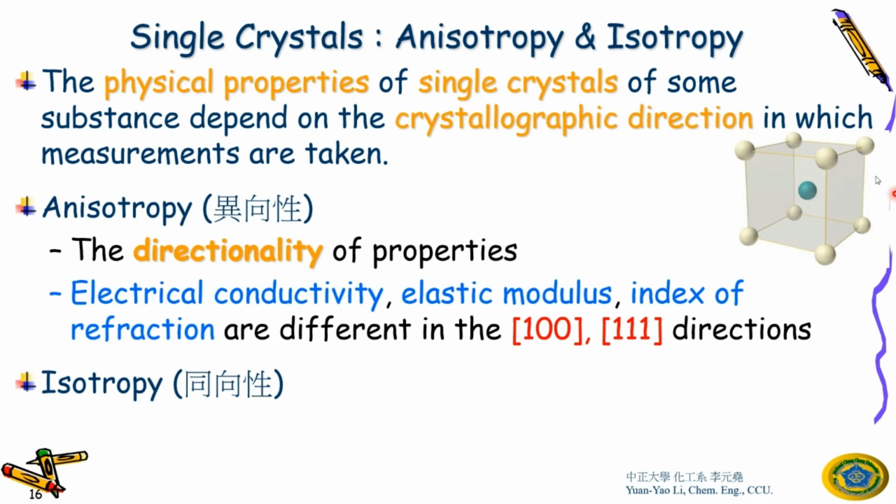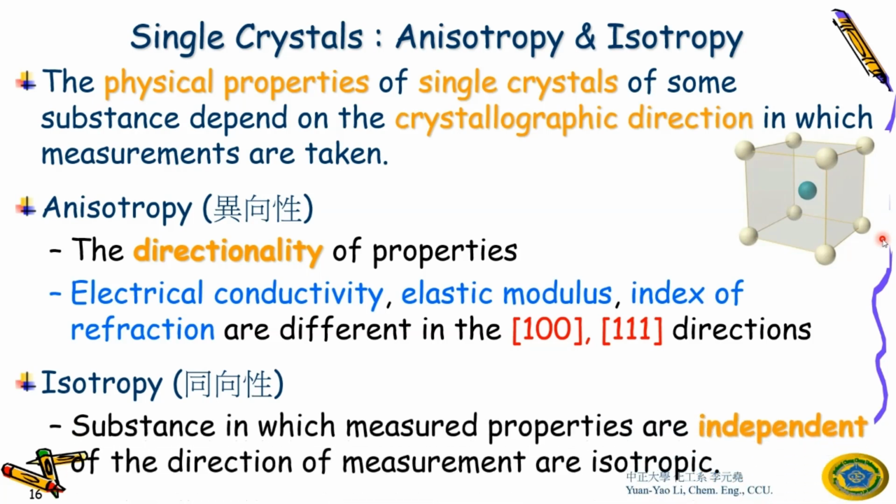How about isotropic? Isotropic means it doesn't matter which direction you measure, you get the same properties in terms of electrical, chemical, mechanical, optical, or thermal. Substances in which measured properties are independent of the direction of measurement are isotropic.